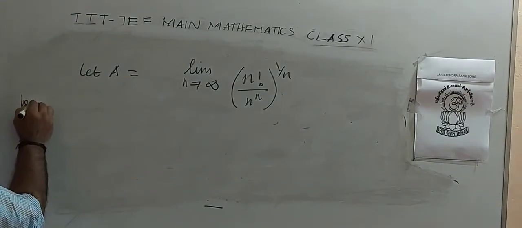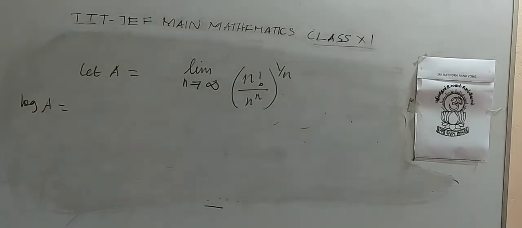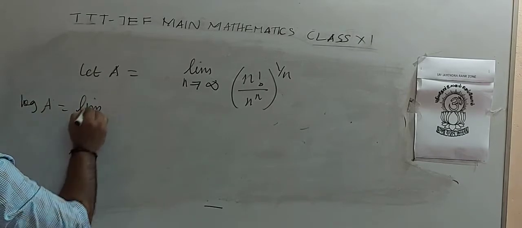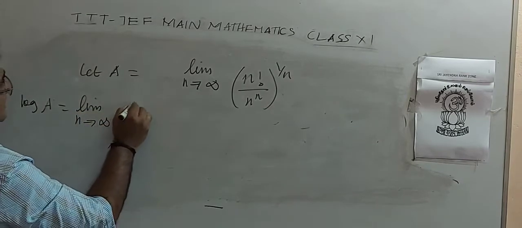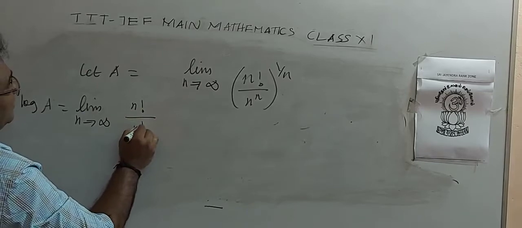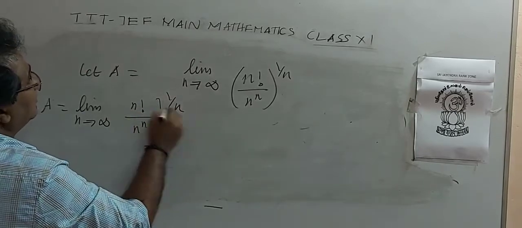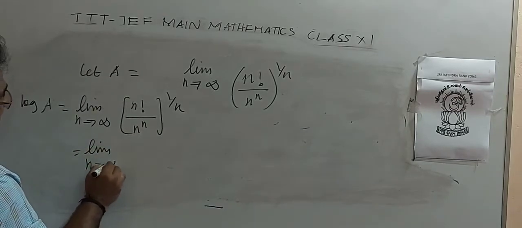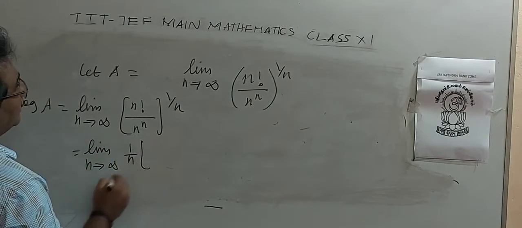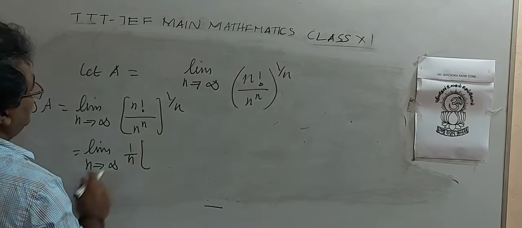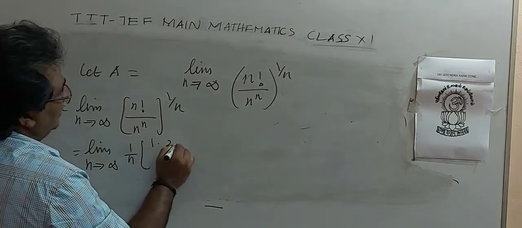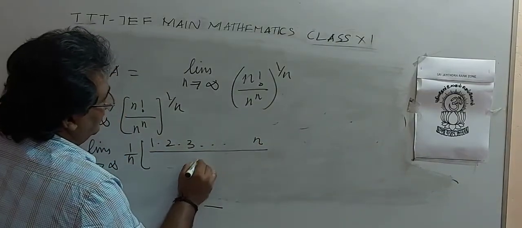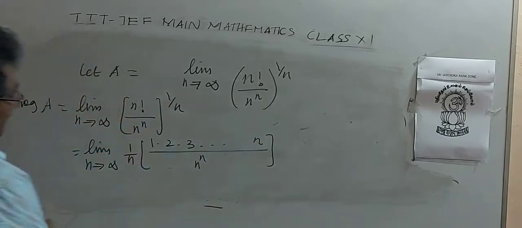Taking log on both sides, log a equal to limit n tends to infinity 1 by n log of 1, 2, 3 up to n by n power n factorial.